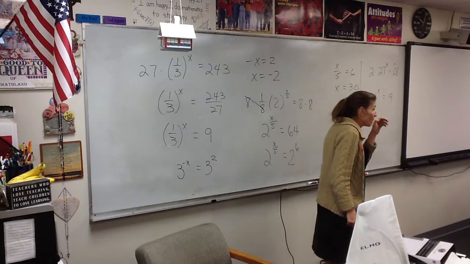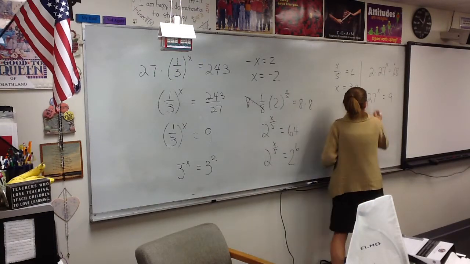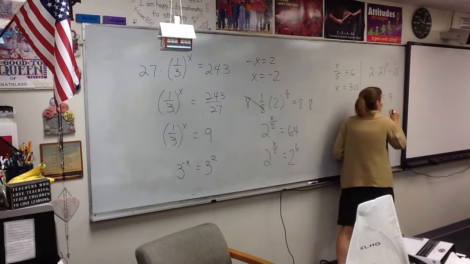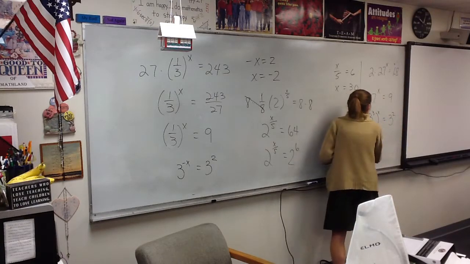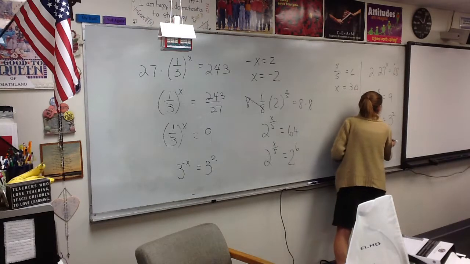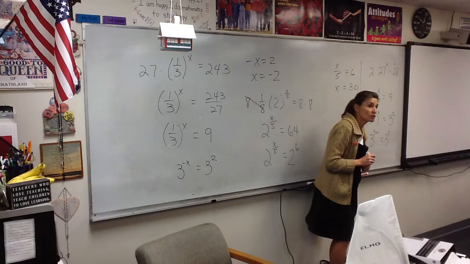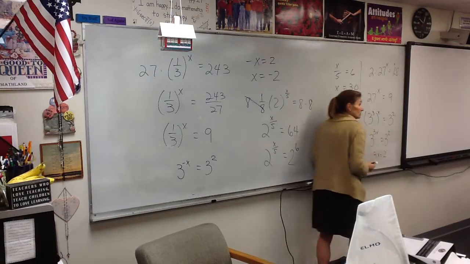They are both powers of 3. So we'll change the 27 into 3 to the what? Third. And we'll change the 9 into 3 squared. So now we have 3 to the 3x equals 3 squared. And now we can build a little equation that says 3x equals 2.